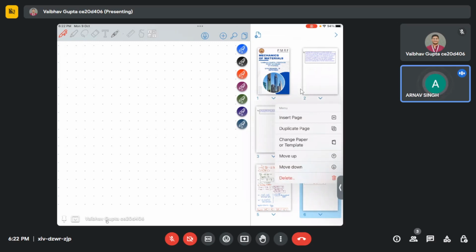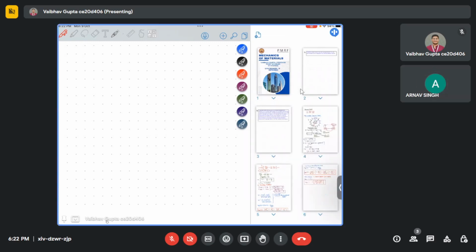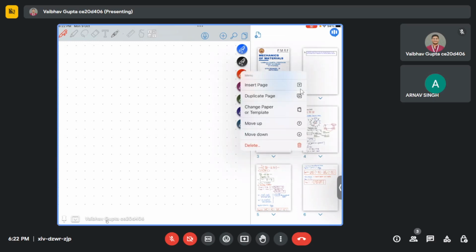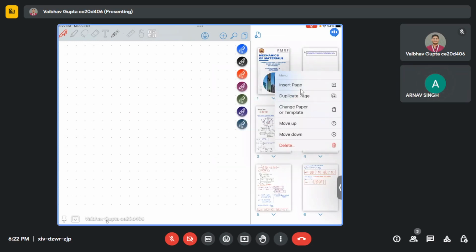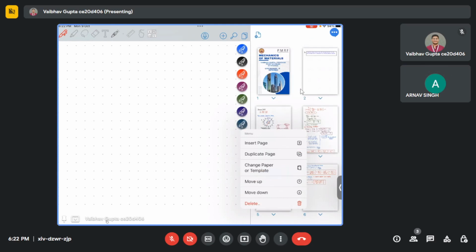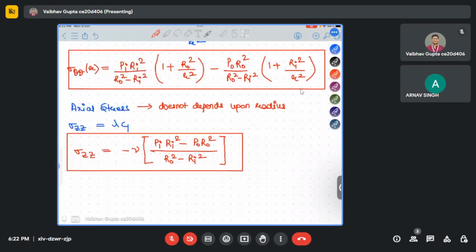One second, I'll just move down this thing first. So this is the axial stress. This one is lambda, and this is nu, Poisson's ratio.